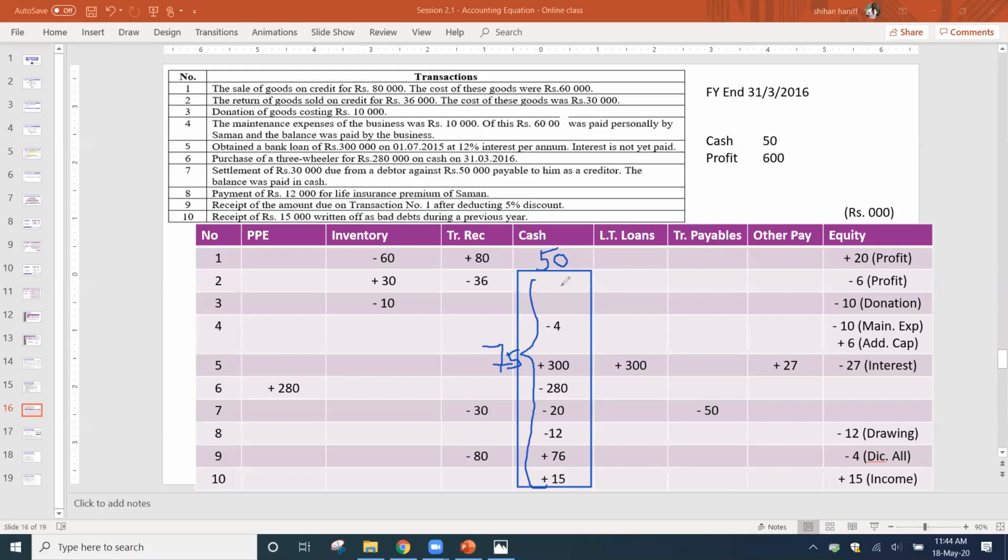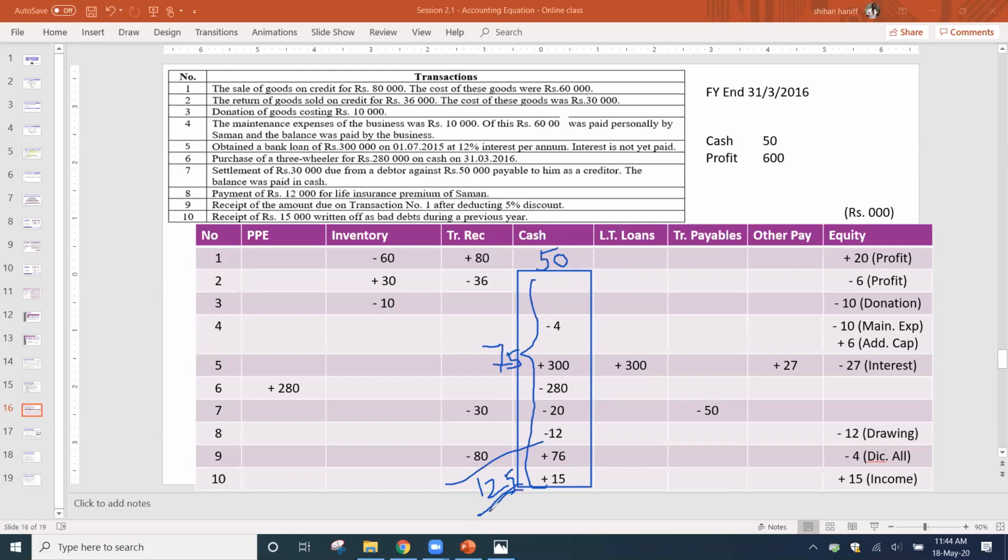The opening balance is 50 and the impact of this transaction is 75. Then the closing balance is 125.